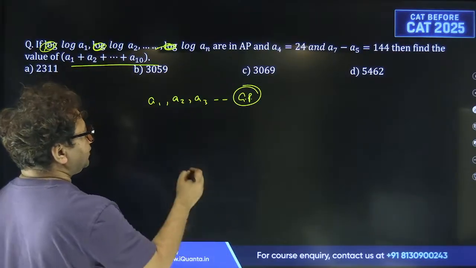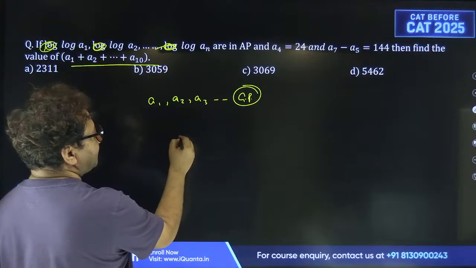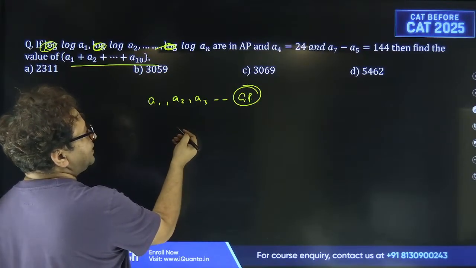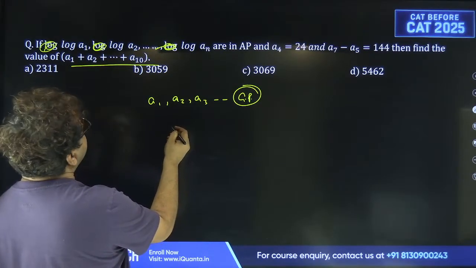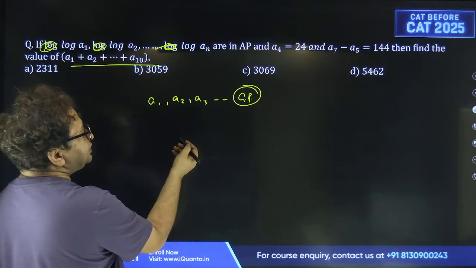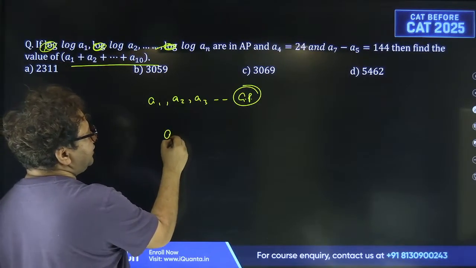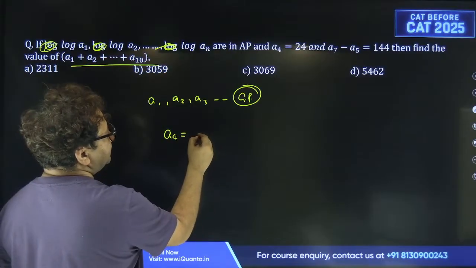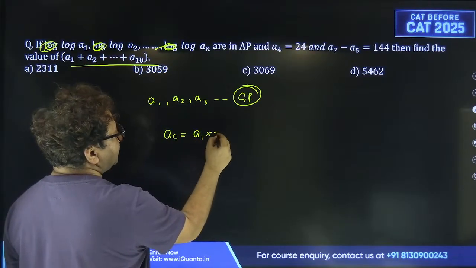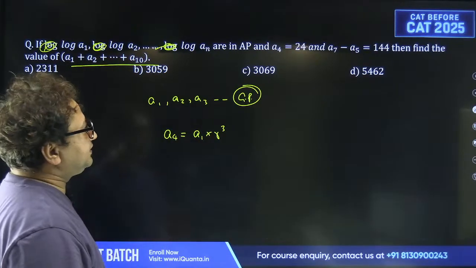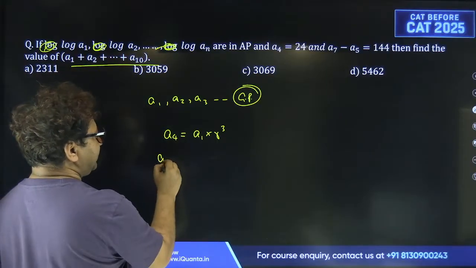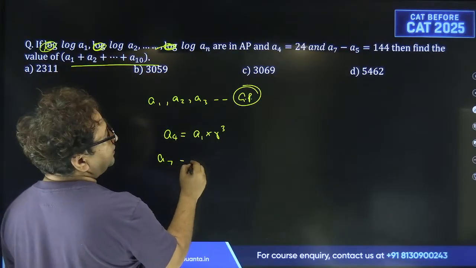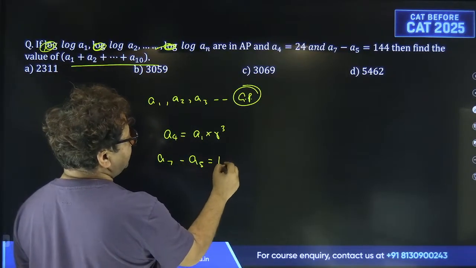Okay. So here I can do one thing. I can calculate the ratio, yes or no. So A4 will be equal to, if the ratio is let's say R, A1 times R cube. Is that right? And A7 minus A5 is given as 144.